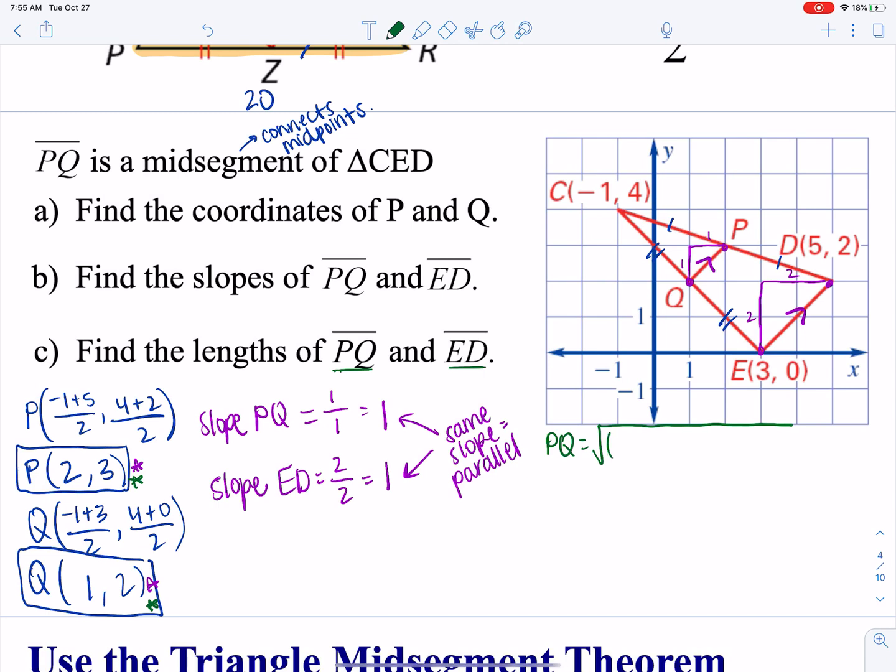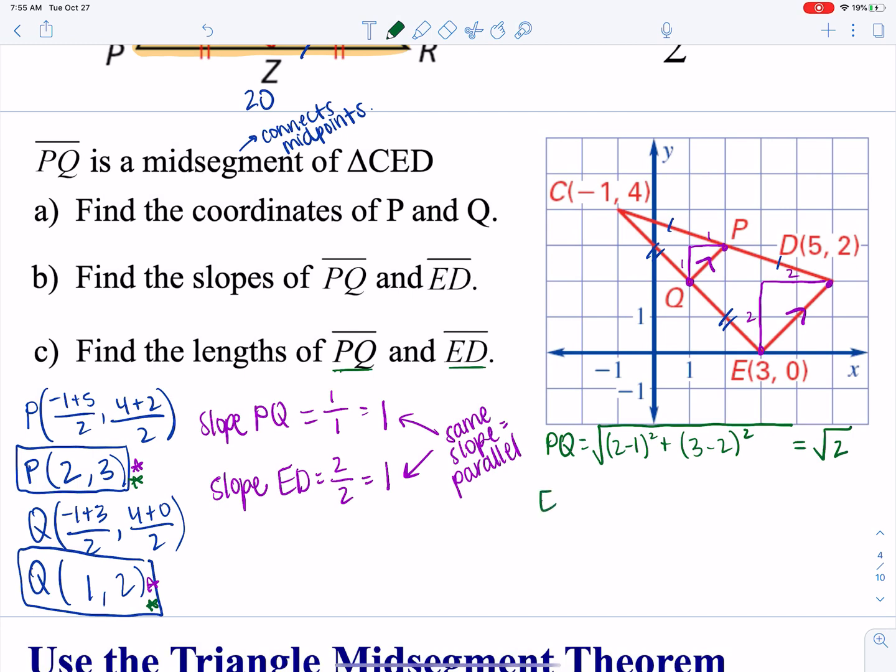So I'm subtracting my x's and then squaring them, plus subtracting my y's and squaring them. 2 minus 1 is 1, 1 squared is 1, plus 3 minus 2 is 1, 1 squared is 1. So 1 plus 1, we're left with the square root of 2. And we're going to go ahead and leave it in simplified radical form.